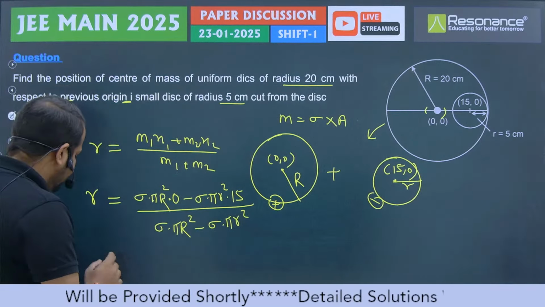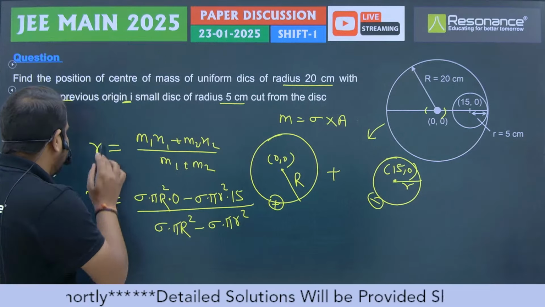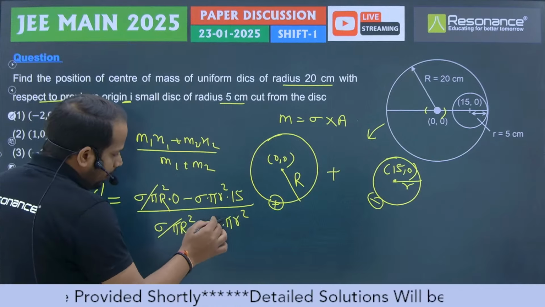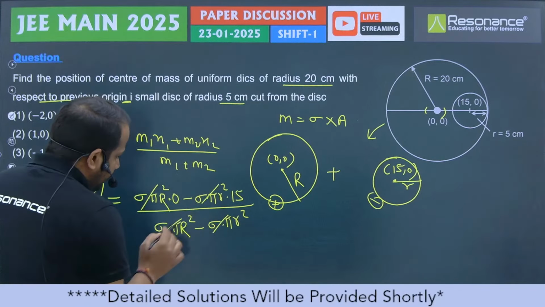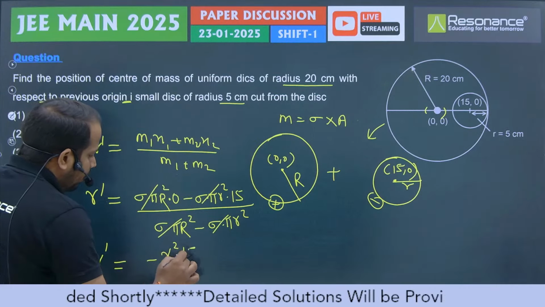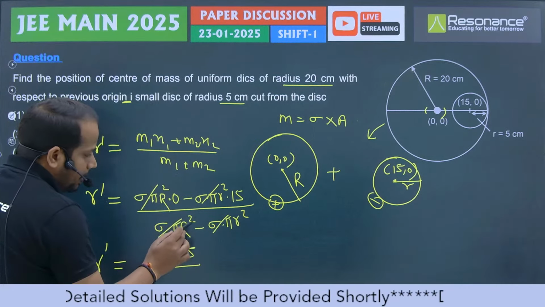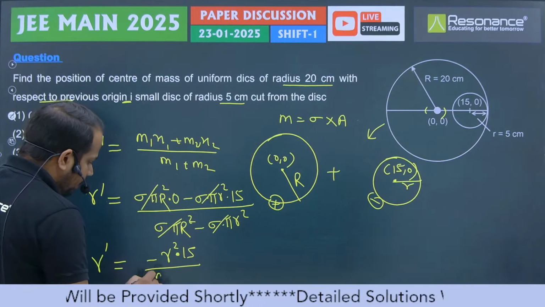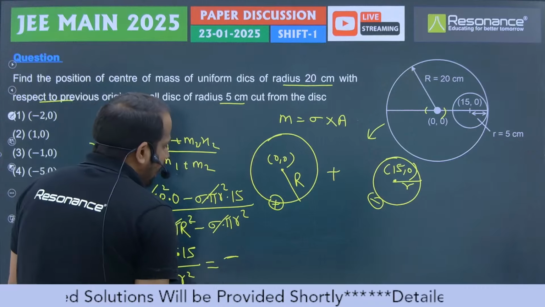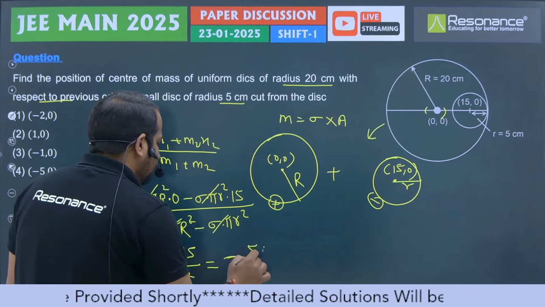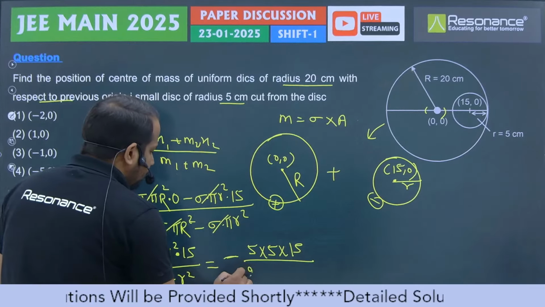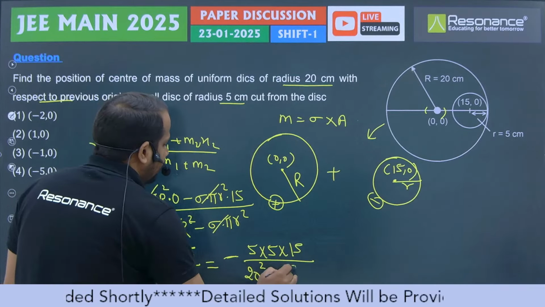Now you can see in this one, this is equal to, you can say this is r dash over here. Now this one will be cancelled out, right? So what's the result we have? This is 0, so this is minus r square into 15 by r square minus r square. You can see this is minus, what is the value of r over here? It is 5. So it's 5 into 15 by, this is 20 given, so 20 square minus 5 square.